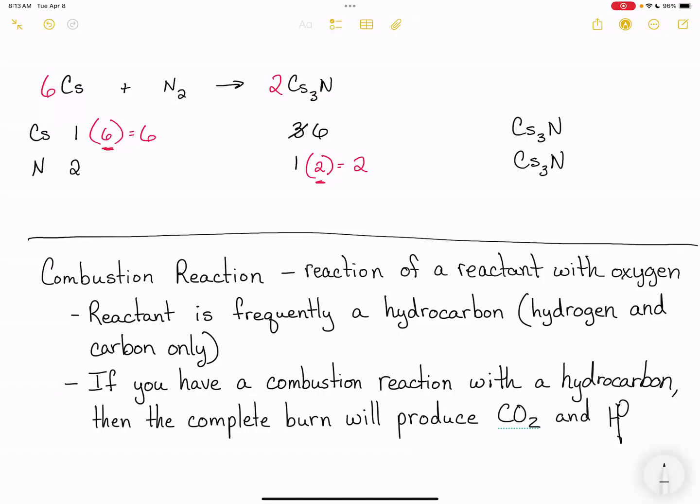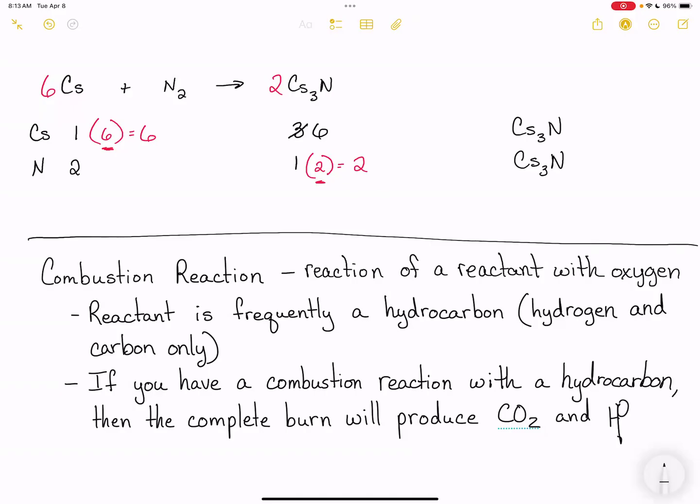I call it a complete burn because an example of a combustion reaction is the burning of octane in your gasoline tanks. If it burns clean, if it burns completely, then the only products would be carbon dioxide and water.